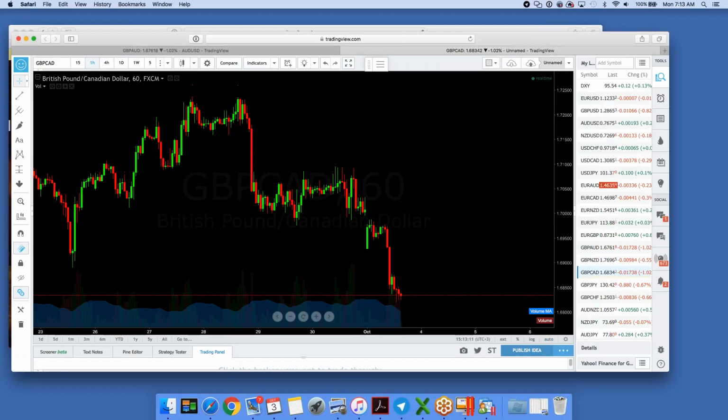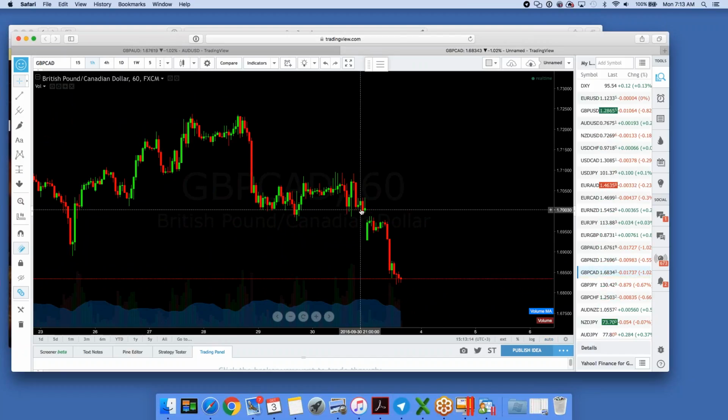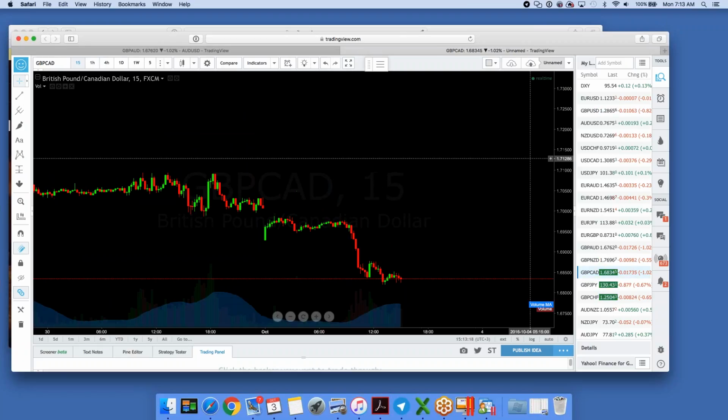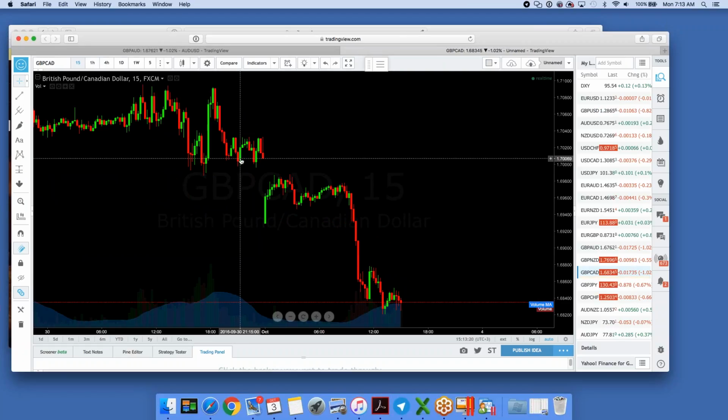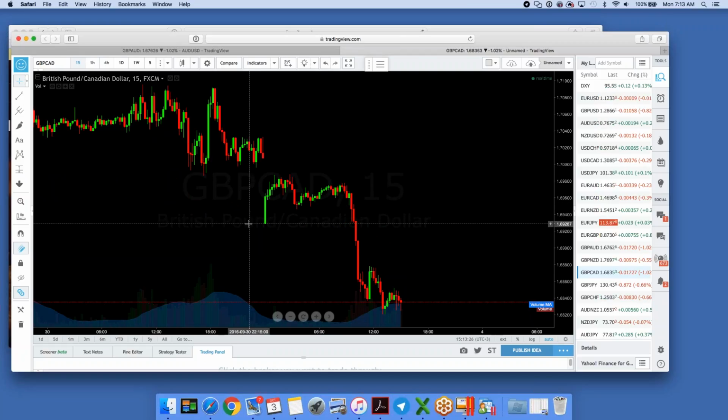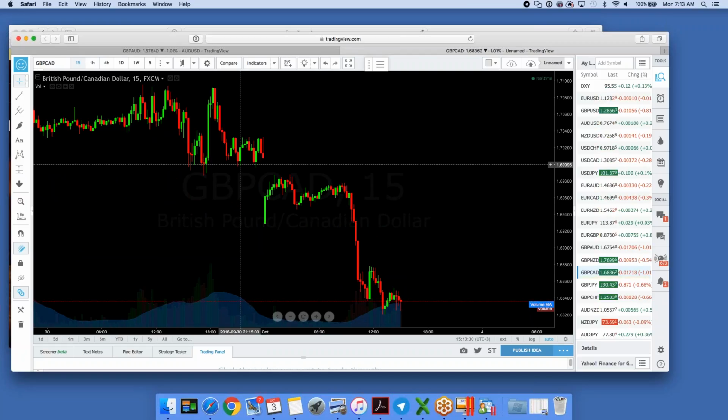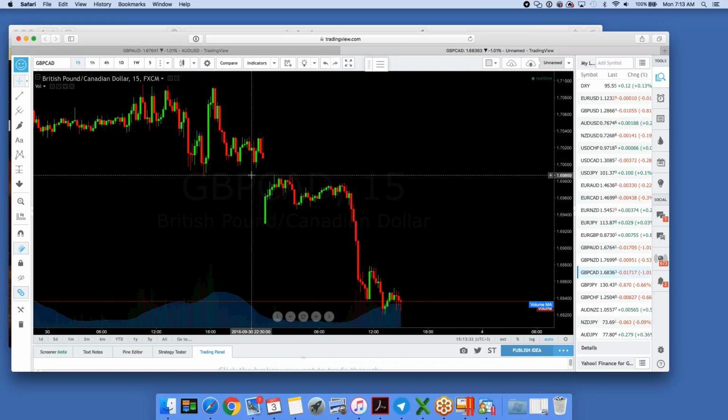As you can see here, this pair still has a gap, because the market closed at about 170.06 and opened up way down here, about 80 pips down. It only came up to here, which was still about 20 pips from closing the gap.